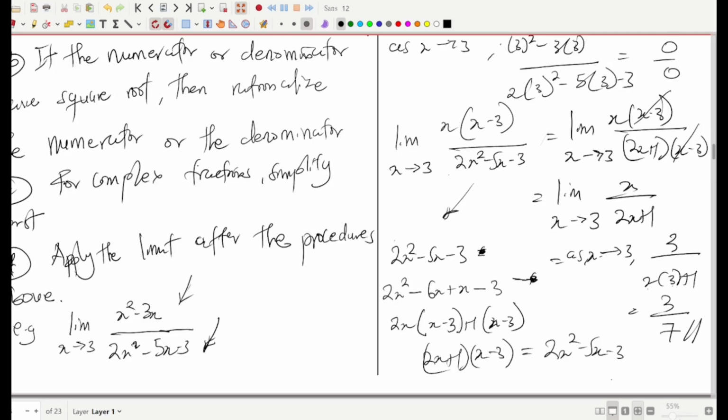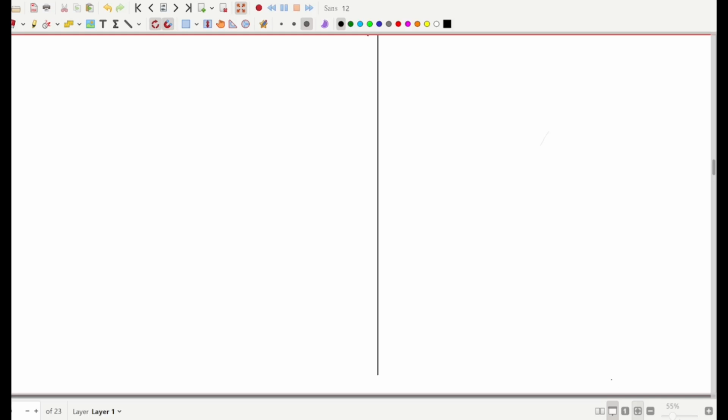Now let us try another example and see if we have an understanding of what we are doing. Now the next example, say you have limit as x approaches 2 of x cubed minus 7x squared plus 10x divided by x squared plus x minus 6.